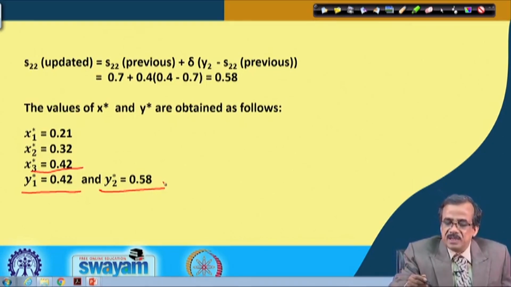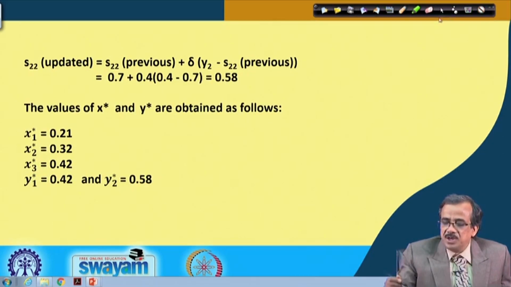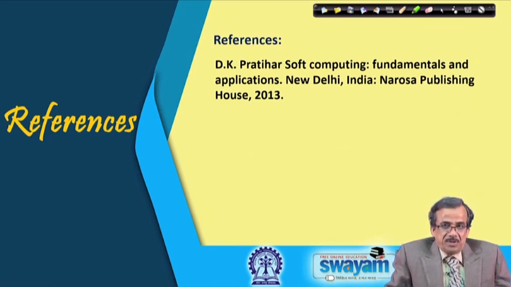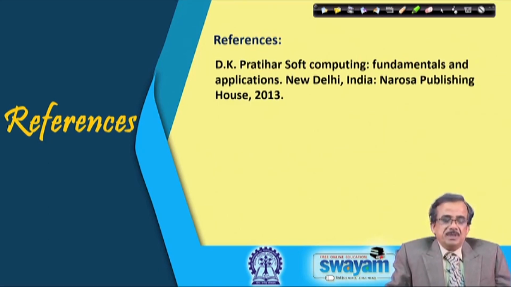This is the way we can complete one iteration of this particular CPNN. Now, we will have to repeat, and through a number of iterations we will get that particular relationship.